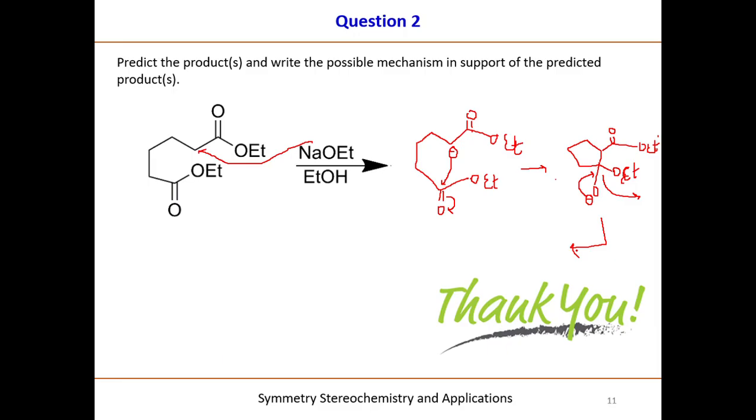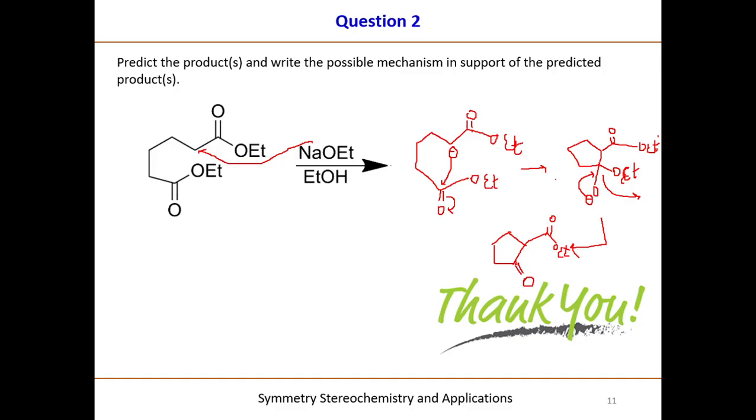So what will we get in the next step? We will get a 5-member cyclic ring along with the ester group present here, correct? And the carbonyl group present on this carbon atom.